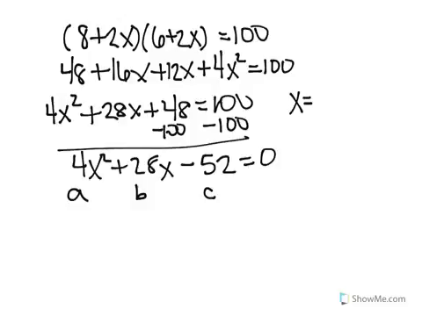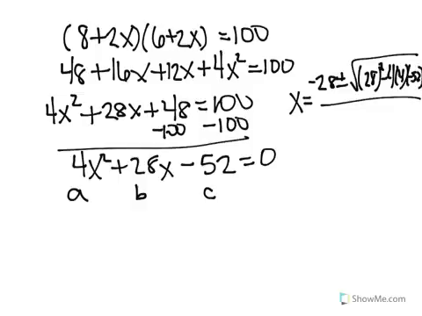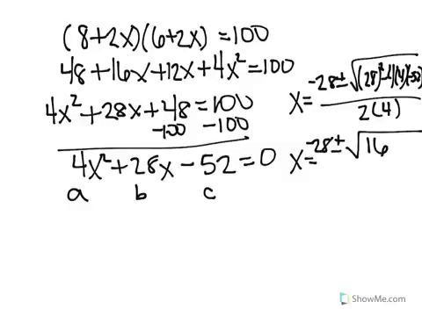So x will equal negative 28 plus or minus the square root of 28 squared minus 4 times negative 52, all divided by 2 times 4. Remember, what you're going to type into your calculator is what is inside the radical, and that turns into one number, 1,616, and it's all divided by 8.